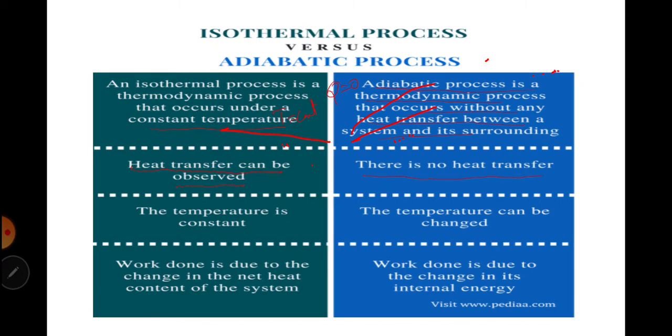In an adiabatic process there is no transfer of heat because no heat enters or leaves the system. In an adiabatic process, temperature changes. In an isothermal process, temperature remains constant. Work done is due to the change in the net heat contents of the system. In adiabatic process, work done is due to the change in the internal energy.